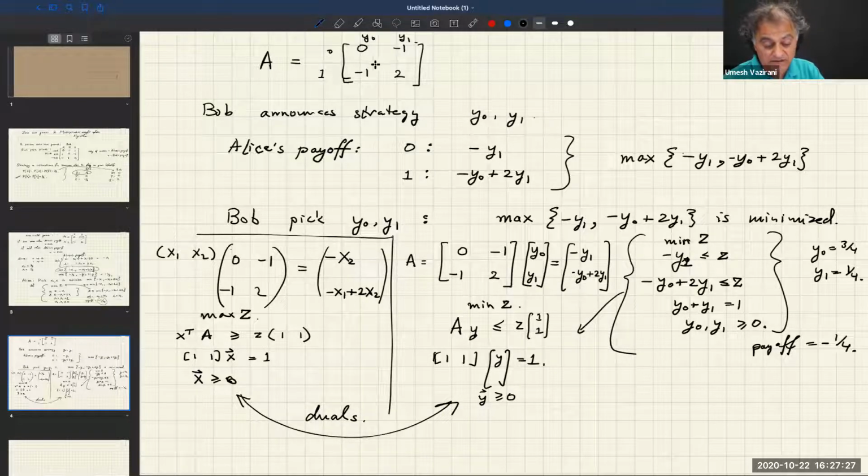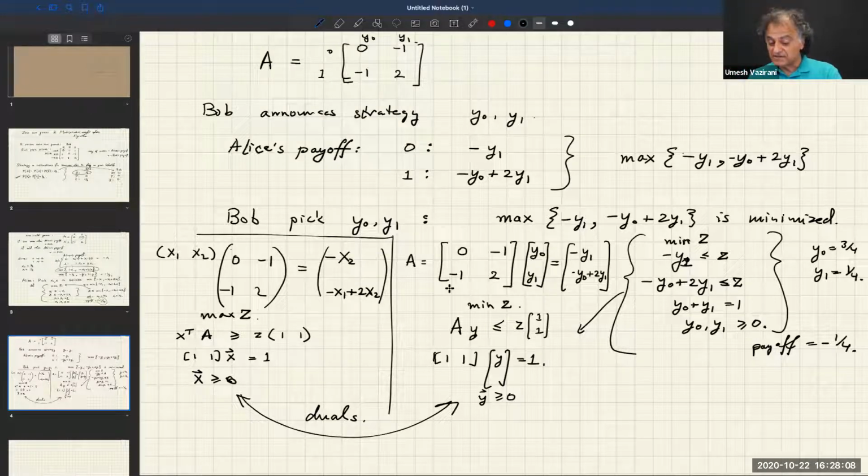Once you write it in this matrix notation, it shows you a general prescription for how to write down this LP for any 2-person game where Alice can make one of n moves and Bob can make one of m moves. And what you end up saying is that these two are duals of each other, and therefore they have the same value. The max value for the left LP is exactly the same as the min value for the right LP.